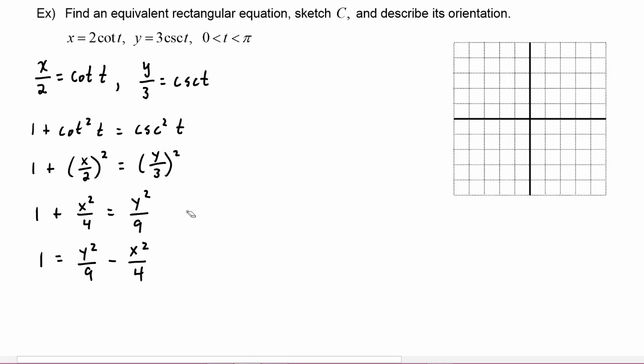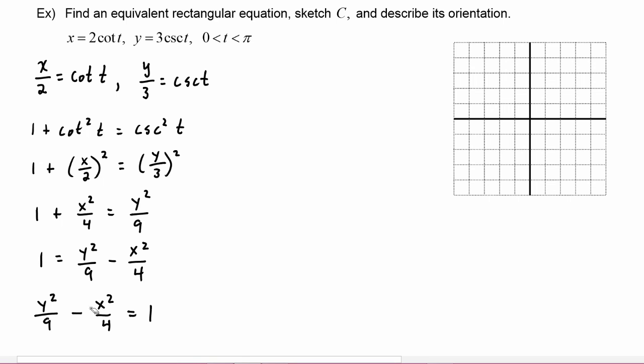And none of the standard forms of the equations have a -1. They all have to have a +1. So we can leave it in this form, or if you want to write it in the little bit more familiar form, we just switch the left-hand side and the right-hand side, and this becomes y squared over 9 minus x squared over 4 is equal to 1.